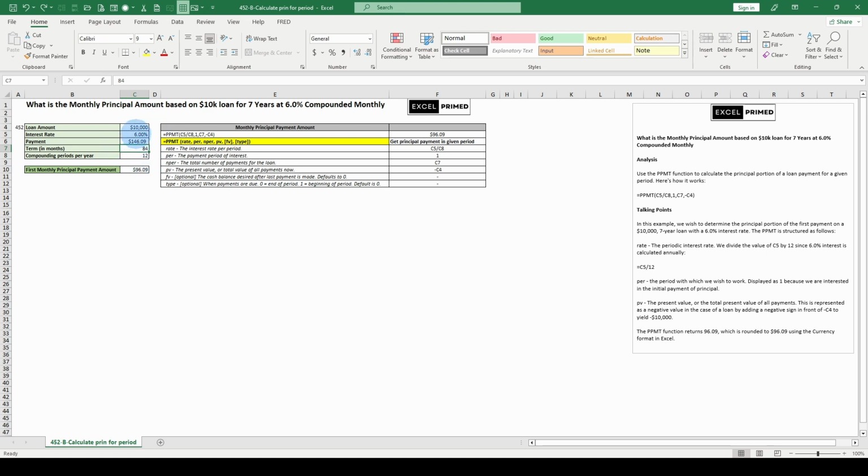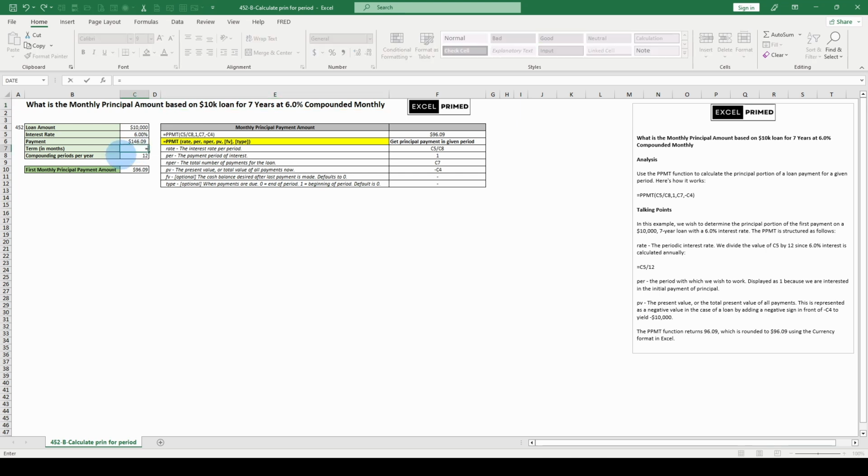And then this rate, if you're going to change compounding, be sure to change this. It has to account for your compounding. See here, C5 interest divided by C8, which is 12. That means compounded monthly. If this was daily, this needs to be 360 right here.